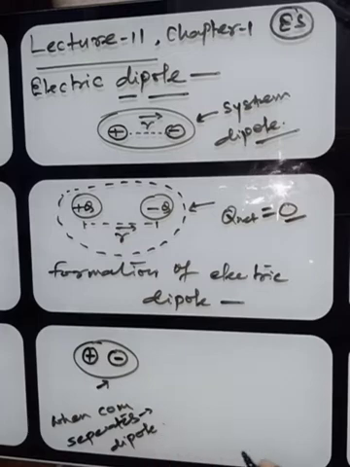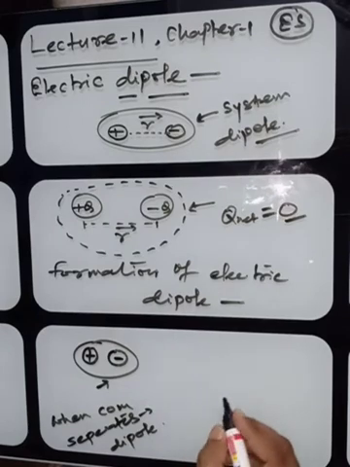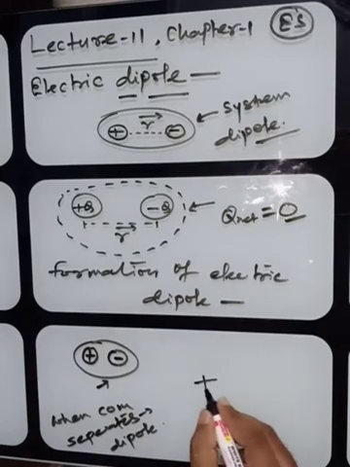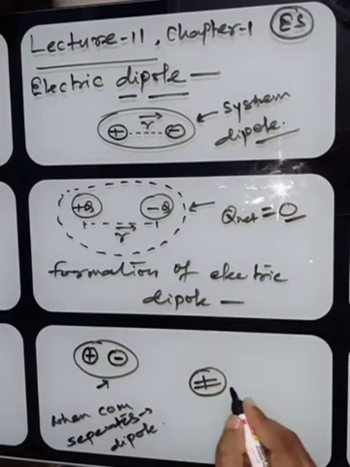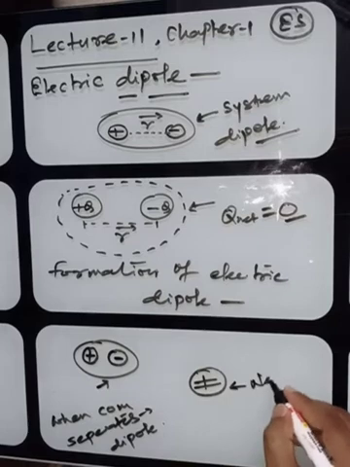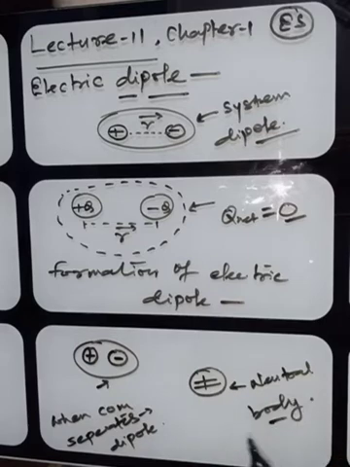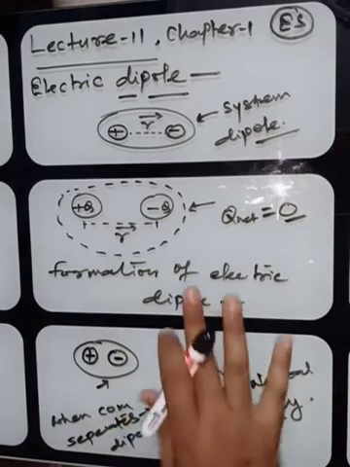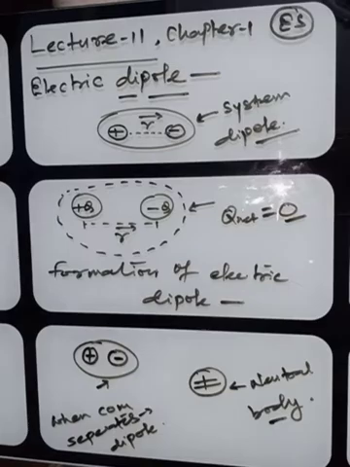Which dipole? Electric dipole. But for two atoms, if the centers of mass coincide, plus and minus, they actually form a neutral body, but not an electric dipole. So this is a very simple concept of the formation of an electric dipole.